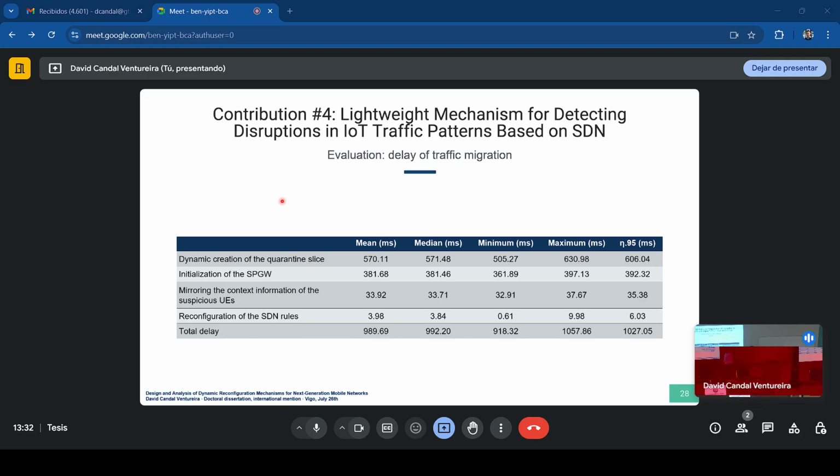Yeah, that's to deploy the Docker container. But the thing is that this is only related to the reaction time, not the performance in terms. Okay. Yeah. I was thinking about performance in terms of how many devices are sent to the quarantine.